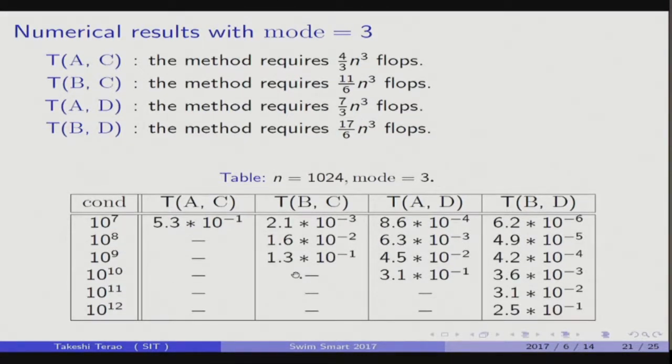Next, we introduce the numerical result when mode is 3. In this case, there is a trade-off between computational cost and overestimation of upper bounds.